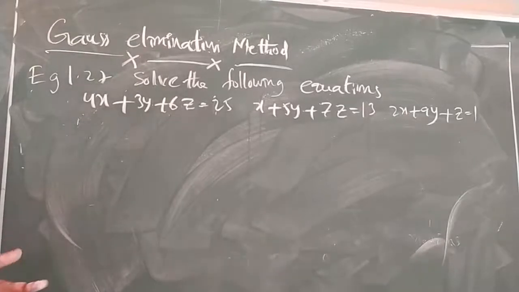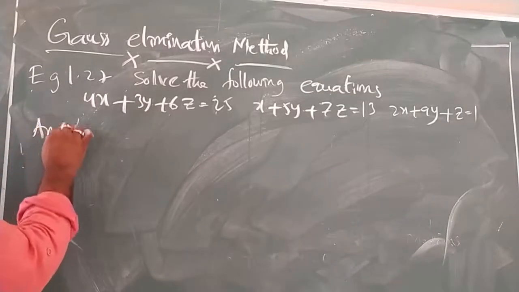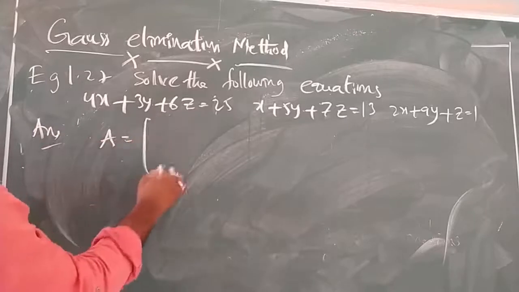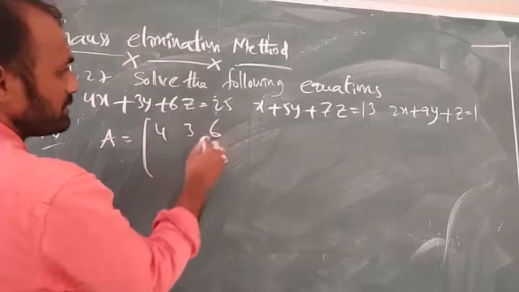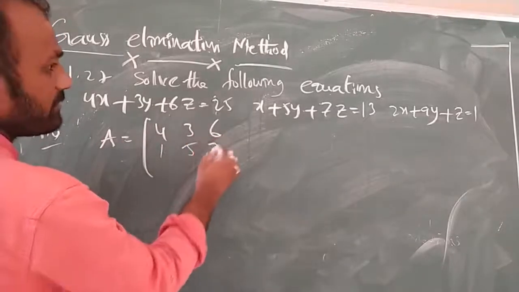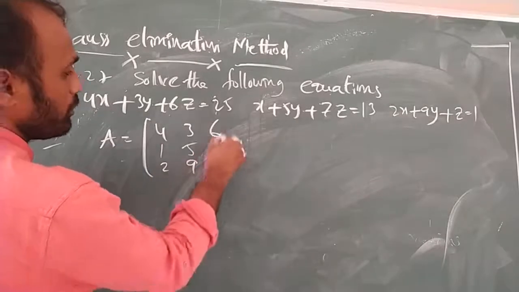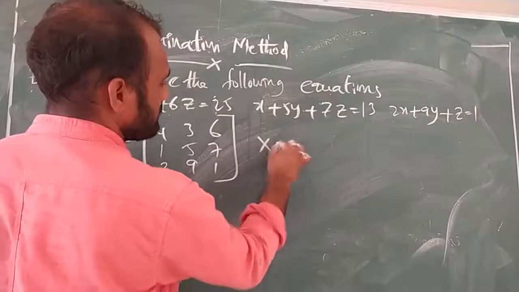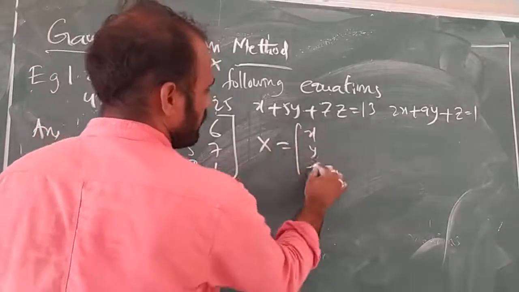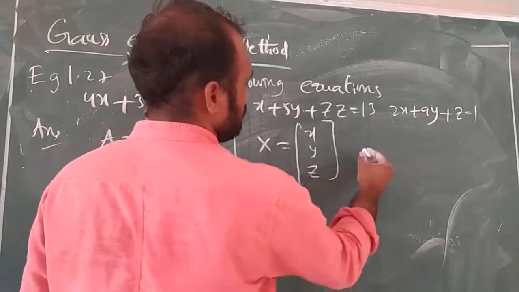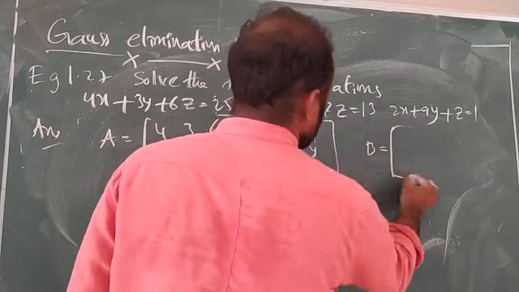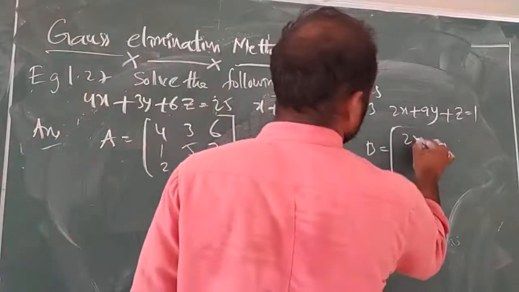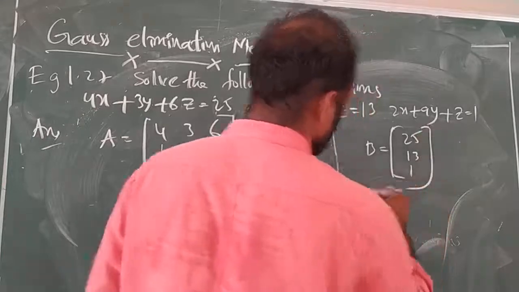First, let us make the matrix form of this. So what are the matrix forms here? Matrix A, the coefficient matrix, that is 4 3 6, 1 5 7, 2 9 1, and the variable matrix X, which is x, y and z. The constant matrix, which is 25, 13 and 1.